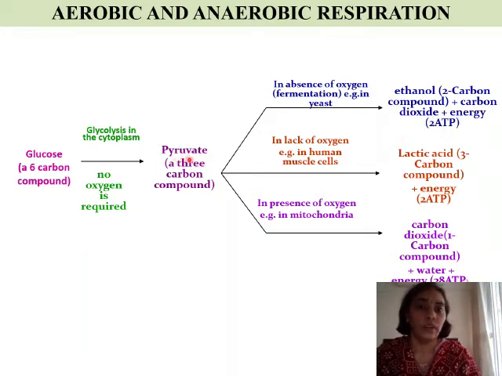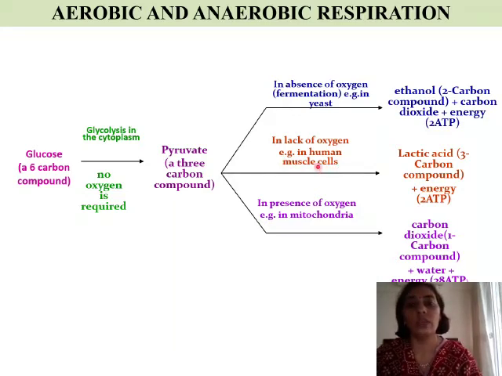If this pyruvate were to enter the human muscle cells, we have just now seen that during vigorous exercising, the oxygen reaching the muscles is very less. So we have written here, in lack of oxygen, for example, in human muscle cells.